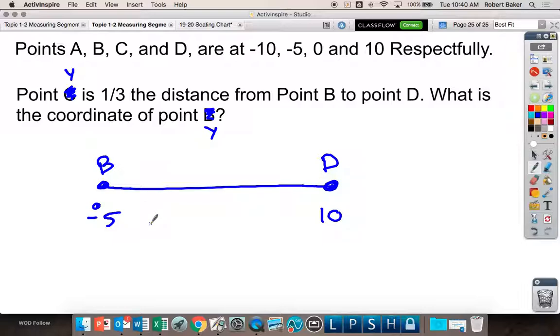So is y closer to B or closer to D? Y should be somewhere over here. 1/3, 2/3, 3/3. I just cut that line into 3 pieces. Right? So what is the total distance from B to D? How far is it from negative 5 to 10? 15.